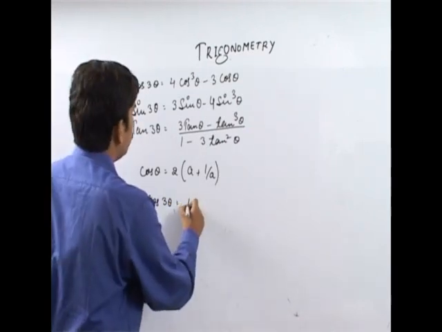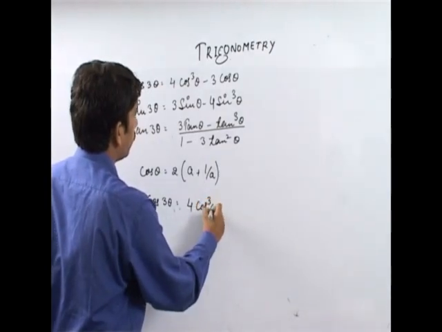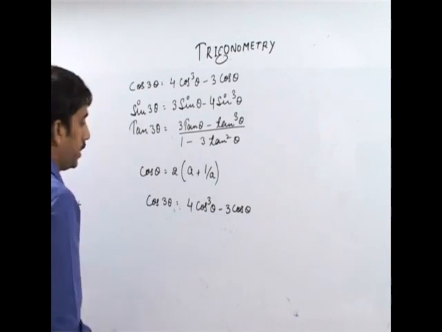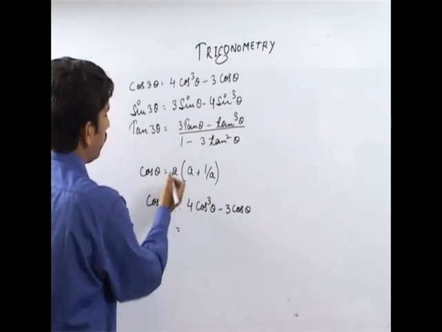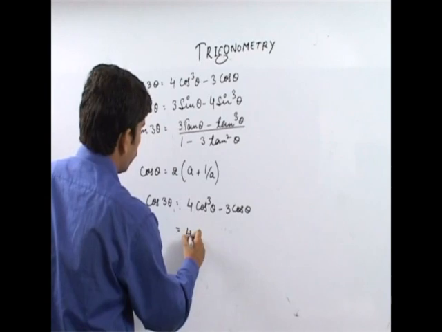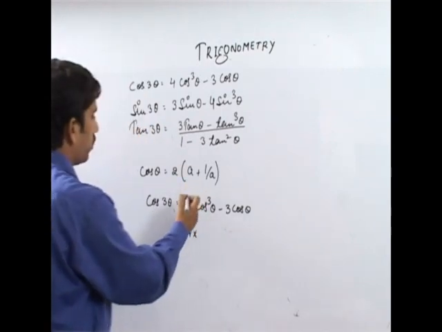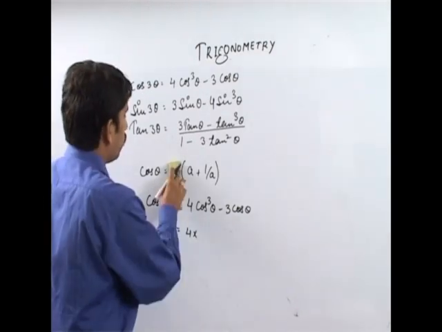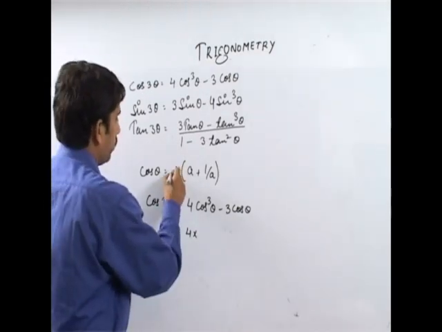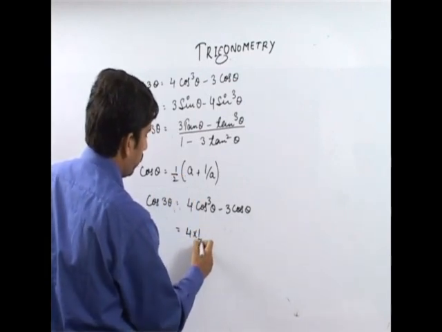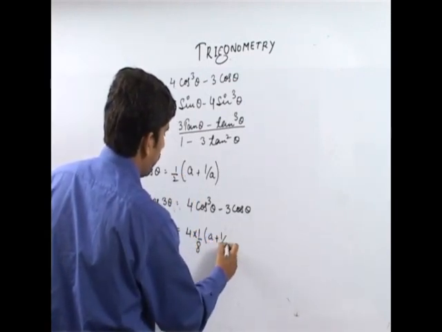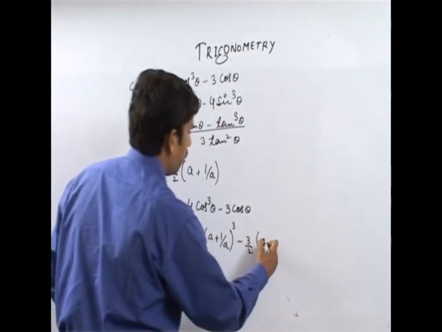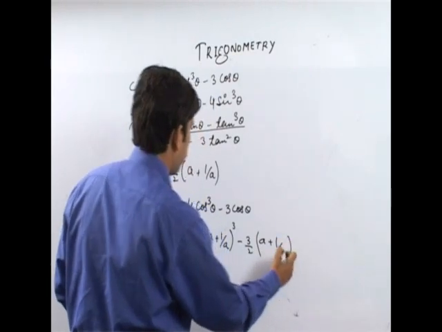Cos 3 theta is equal to 4 cos cube theta minus 3 cos theta, and then put the value of cos theta from this here. 4 times half raised to power cube is 1 by 8, a plus 1 by a whole cube minus 3 by 2 a plus 1 by a.